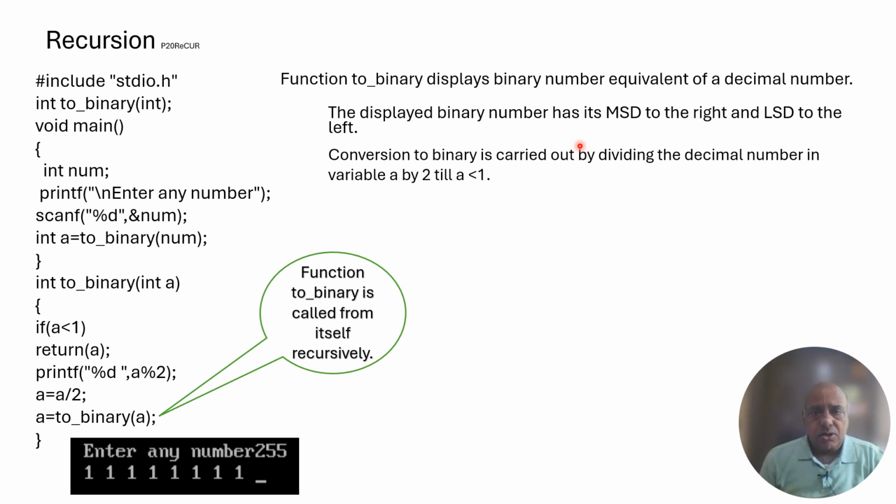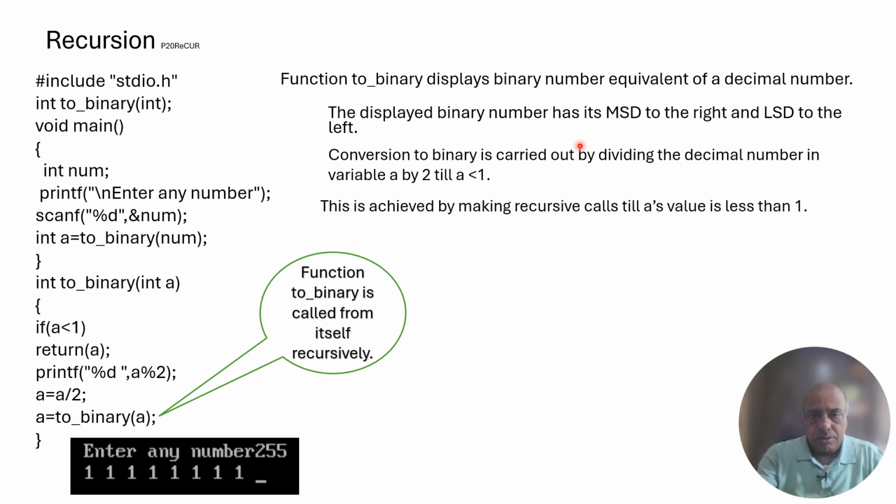Conversion to binary is carried out by dividing the decimal number in variable a by 2 till a becomes less than 1. This is achieved by making recursive calls till a's value is less than 1. So in this call, we are passing the value of a, which is a modified value, the result of evaluating the expression a by 2.